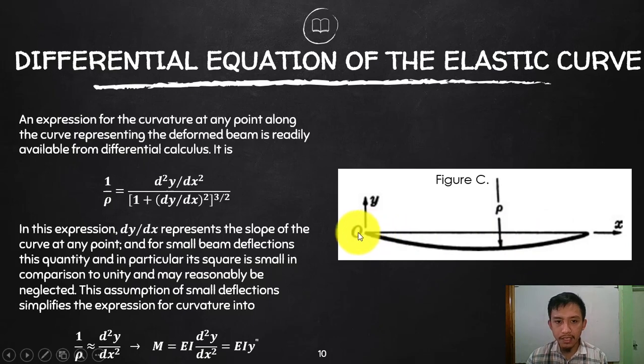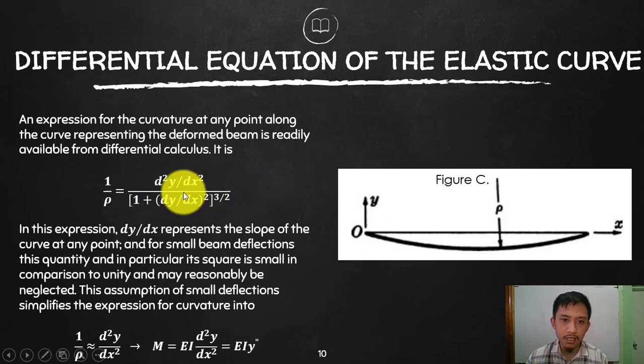So we will be expecting that the slope, by the way, look at this, your dy/dx, that is the first derivative, corresponds to the slope, isn't it? The slope of the curve within your x and y axis. So imagine that the slope of any point within this curve is small, since of course the deflections are small.